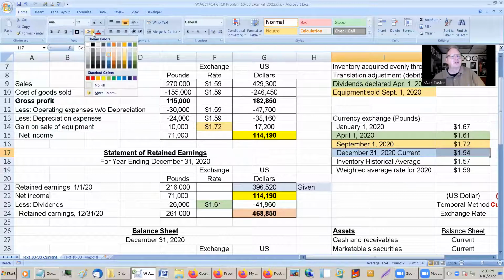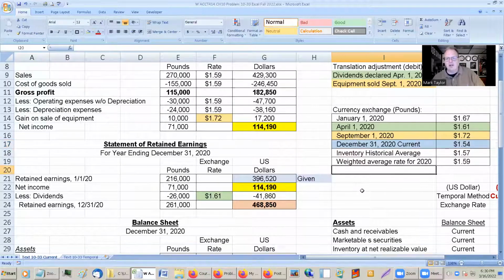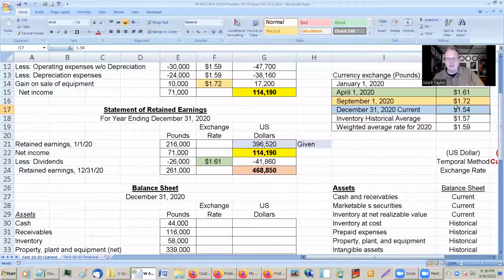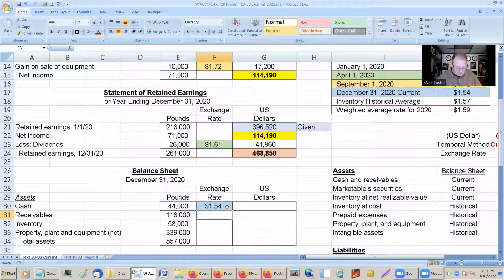Then there's a turquoise color here. What's weird on this palette is they don't have anything in the reds. I mean, they have orange, but it seems to be a glaring omission to me. Okay, so the current rate is going to be 1.54. Copy the one.